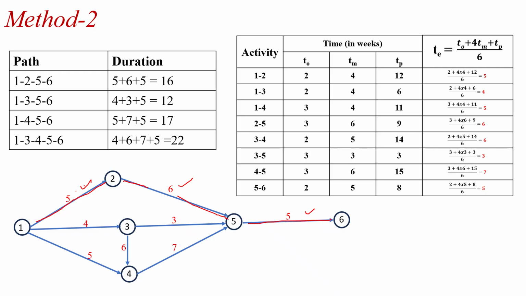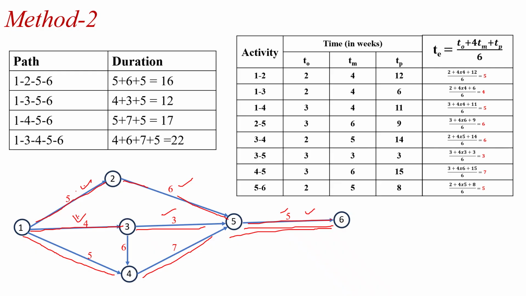And next possibility of the path is 1 to 3, 3 to 5 and 5 to 6. So in this path, duration is the 4 plus 3 plus 5, which is equal to the 12. Next possibility of the path is 1 to 4, 4 to 5 and 5 to 6.